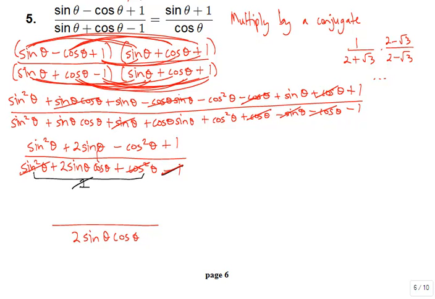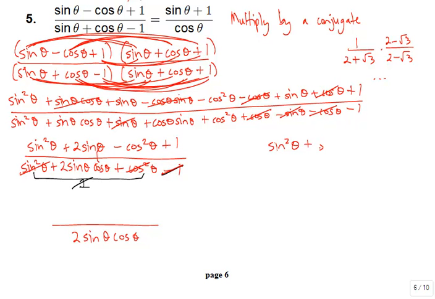These two have sines. This one has a cosine squared. To make it easier to work with, what you're probably going to want to do at this stage is make all of these terms in the numerator be all sines or all cosines. And since I can't really convert just a plain sine theta into a cosine, but I can turn a cosine squared into a sine squared, that's what I'm going to choose to do using that Pythagorean identity.